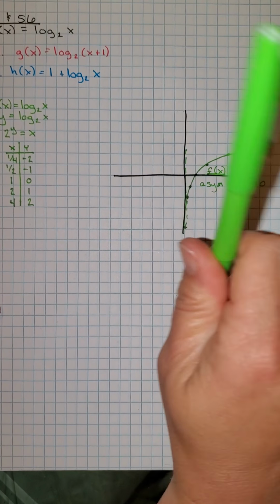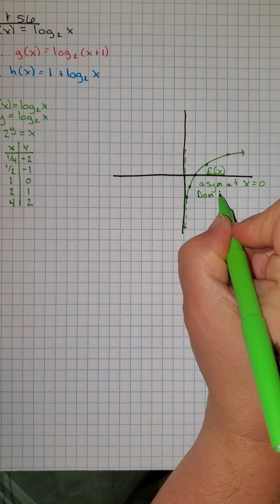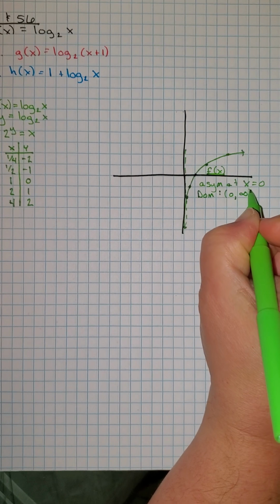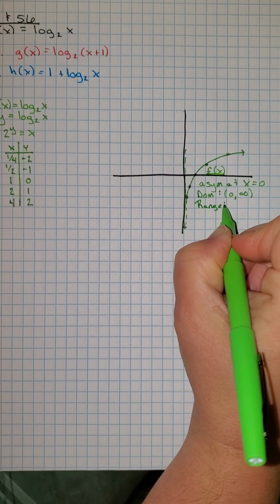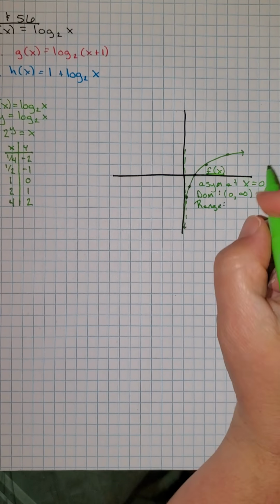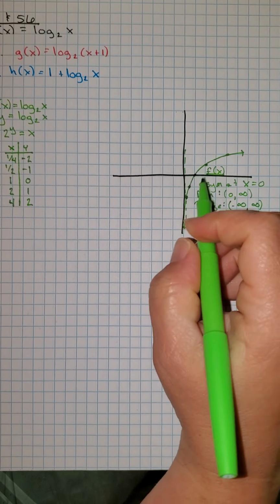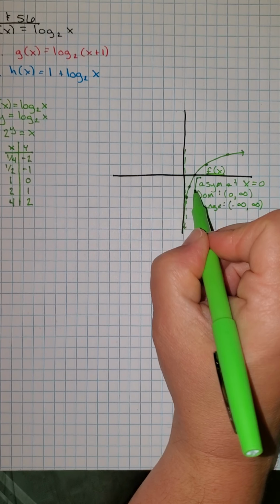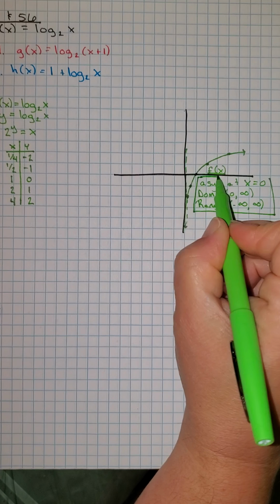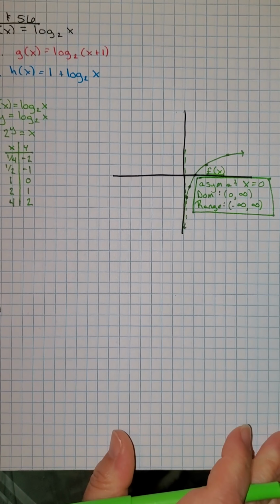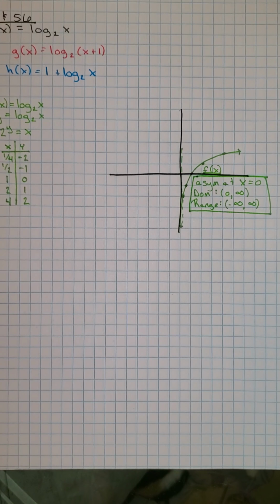Alright, and then the domain is from this way over. So the domain will go from 0 to infinity, not including 0, so 0 would get a parenthesis. And the range would go from forever down to forever up, so -infinity to positive infinity. Okay, so that's what we have for that. That's the original, that's our f of x.